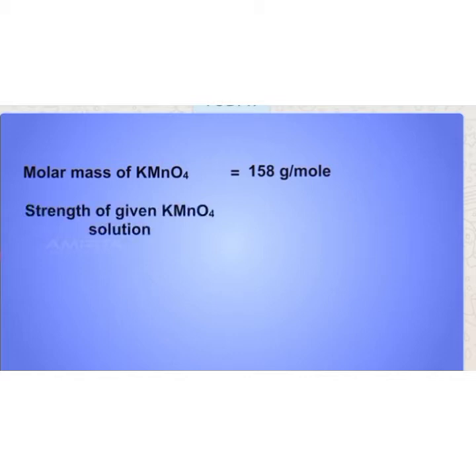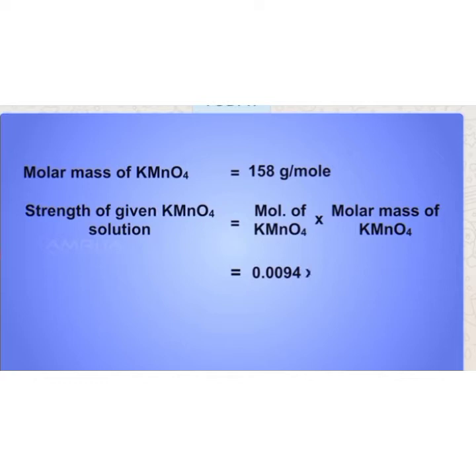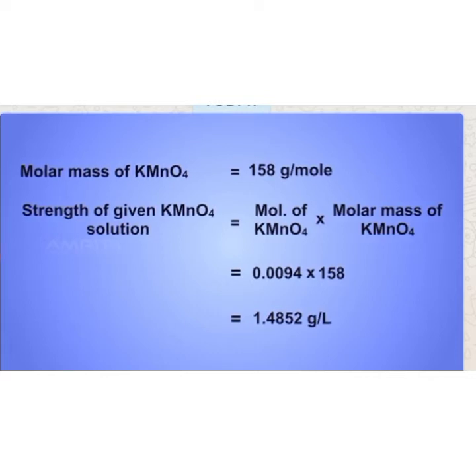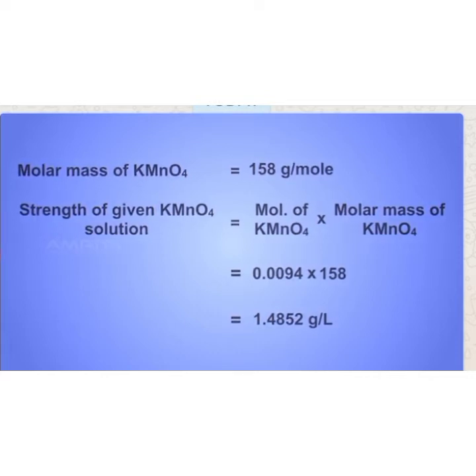Therefore, the strength of the given potassium permanganate solution is equal to molarity of potassium permanganate into molar mass of potassium permanganate, which is equal to 0.0094 into 158, which gives us 1.4852 grams per liter.